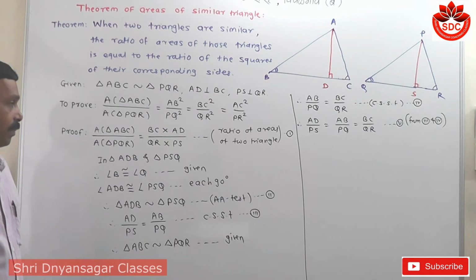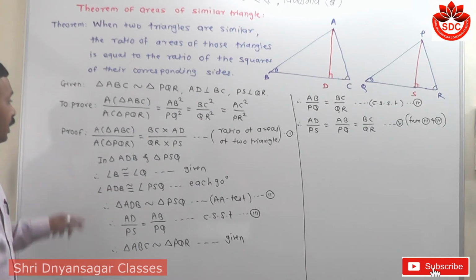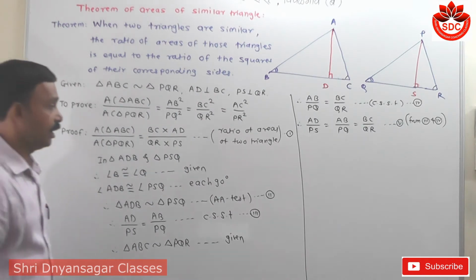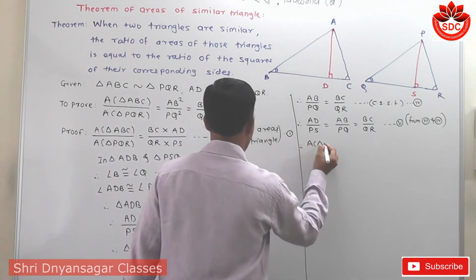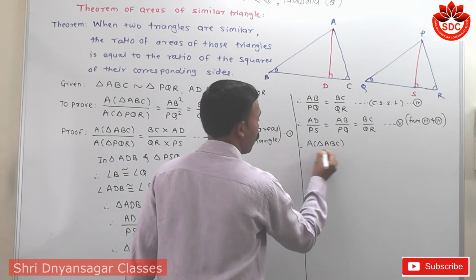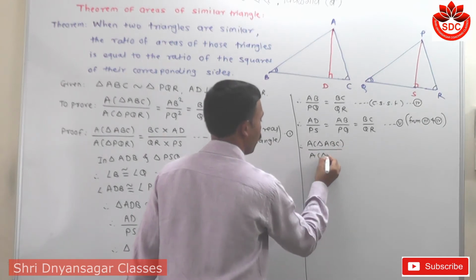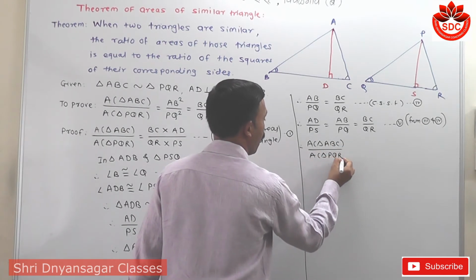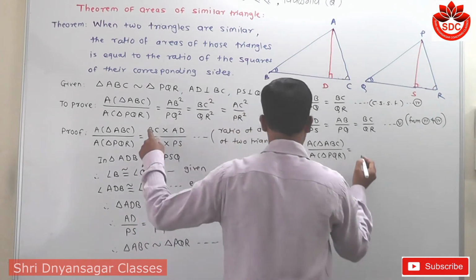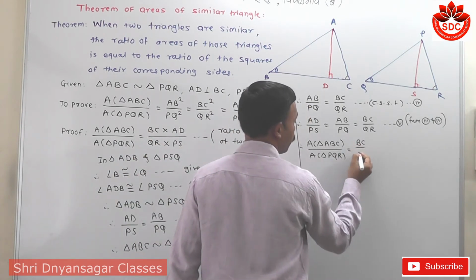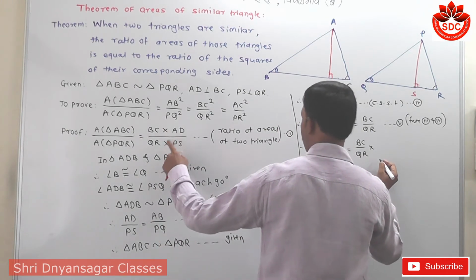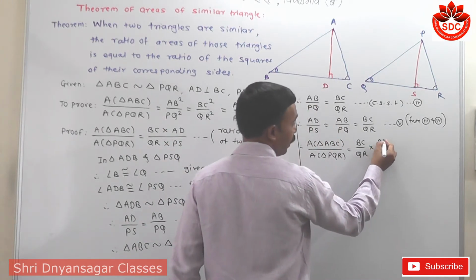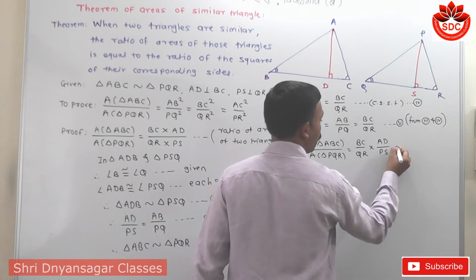Okay. Then I have taken from equation number first: area of triangle ABC upon area of triangle PQR is equal to BC upon QR into AD upon PS, written in such a way. It is from first.